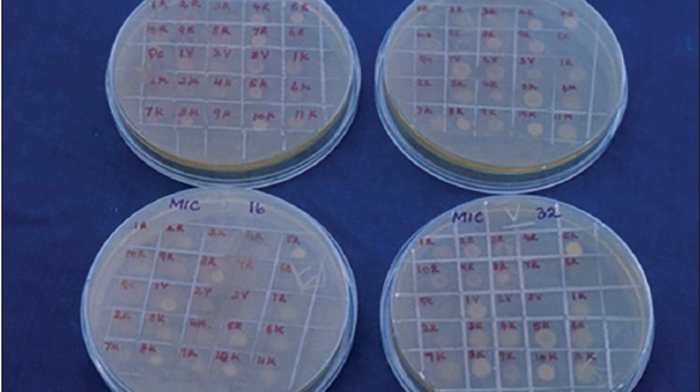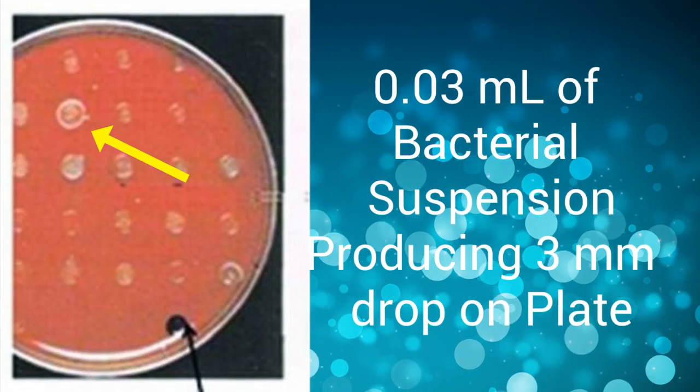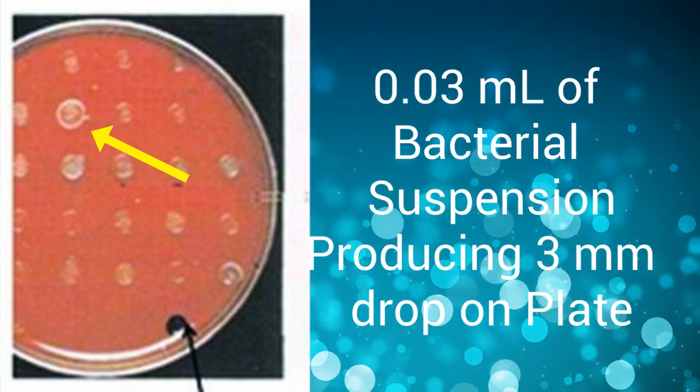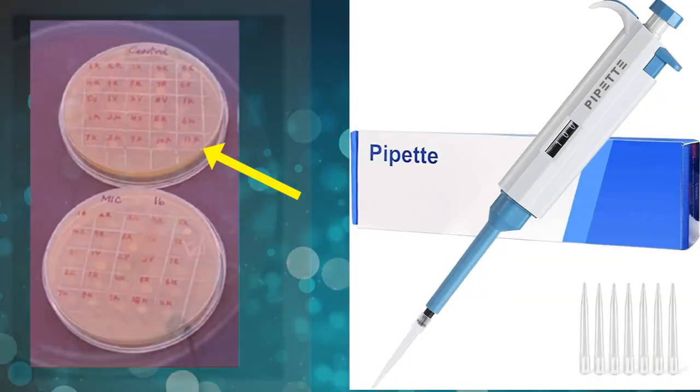We make bacterial inoculum to 0.5 McFarland standard and deliver 0.03 milliliter of it onto the plate with a pipette that can produce 3 millimeter diameter of drop on the media.